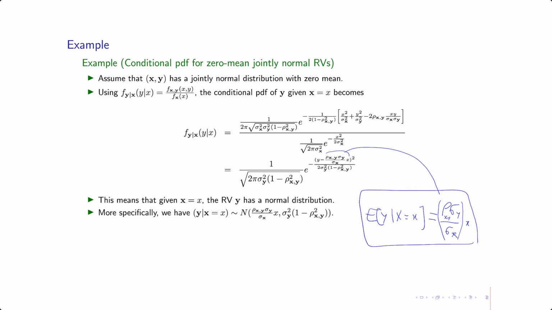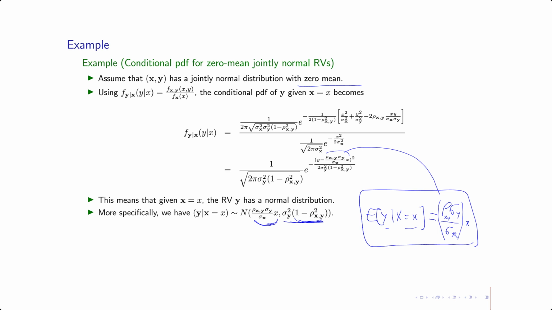The expected value of y in the absence of any knowledge about x was 0, because we said that they have zero mean. But if you have knowledge of x, then y becomes a normal random variable with a reduced variance. This is the reduced variance, and this is the amount of the reduction. But the mean becomes non-zero.